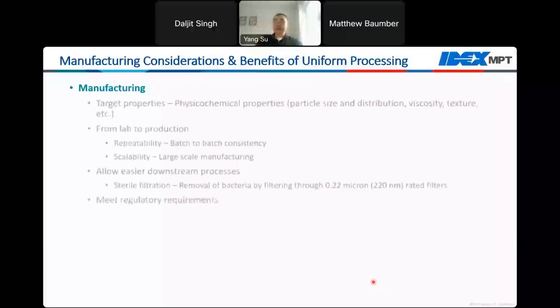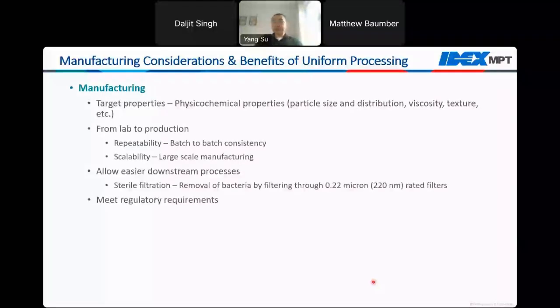Now, before I move on to talk about applications, I just want to quickly use this slide to discuss some of the considerations when you choose your manufacturing process and develop your product and processes. I would say, obviously, the most important things are the target properties, especially the physical chemical properties.